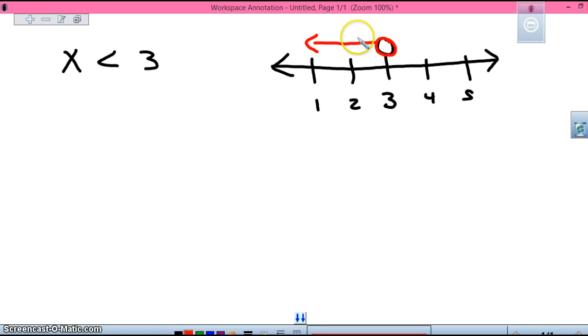This open circle shows that 3 is not a solution, but that all the numbers under the arrow or under this shaded region are solutions. So that means that 2 is a solution. Is that true? What about 1? Is that true? What about 0?